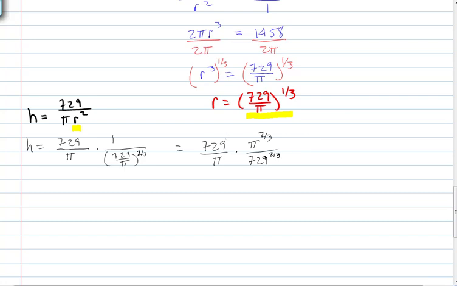This is 729 to the first minus 729 to the 2/3 is 729 to the 1/3. 2/3, sorry. Pi squared. 1/3, right?